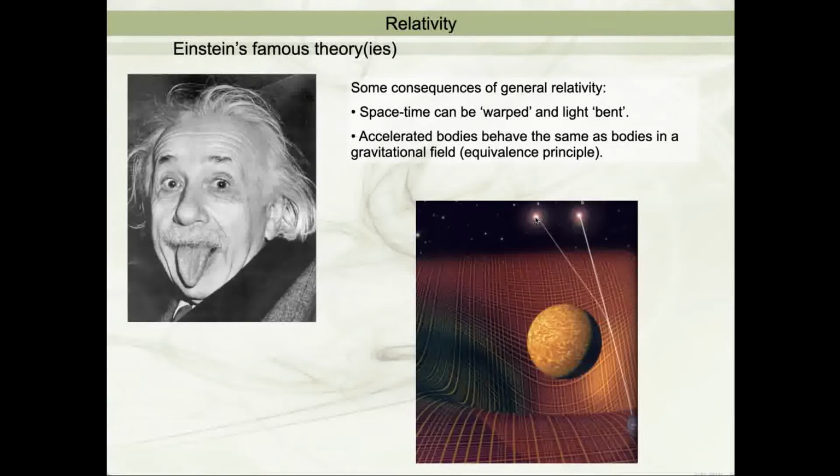So the light ray can be bent by gravity. So from our perspective, it looks as if light was coming from that place, but that's because it's been bent. And it doesn't apply only to light, it also applies to objects.